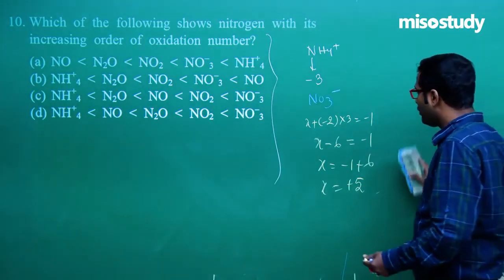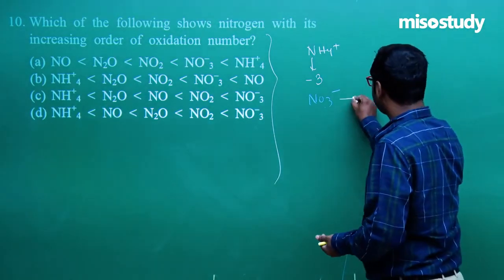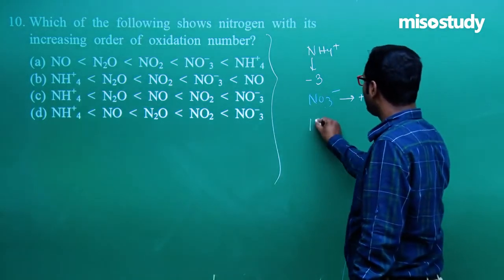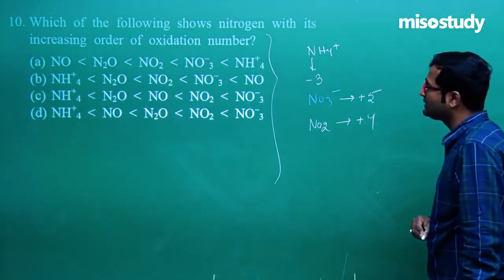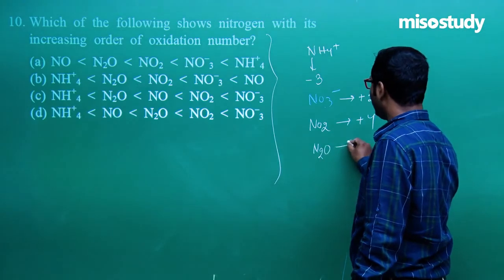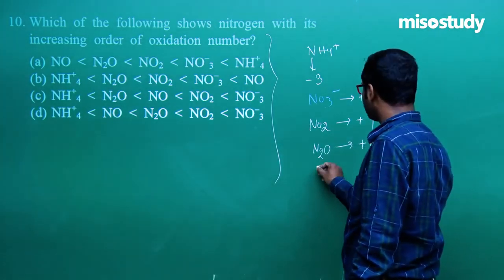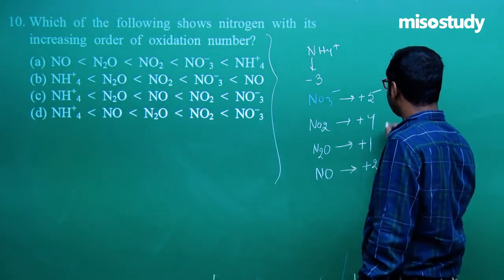Clear to you? So in NO3 minus, nitrogen is in +5 oxidation state. In NO2, we know nitrogen is in +4 oxidation state, and in N2O, nitrogen is in +1 oxidation state, and in case of NO, nitrogen is in +2 oxidation state.